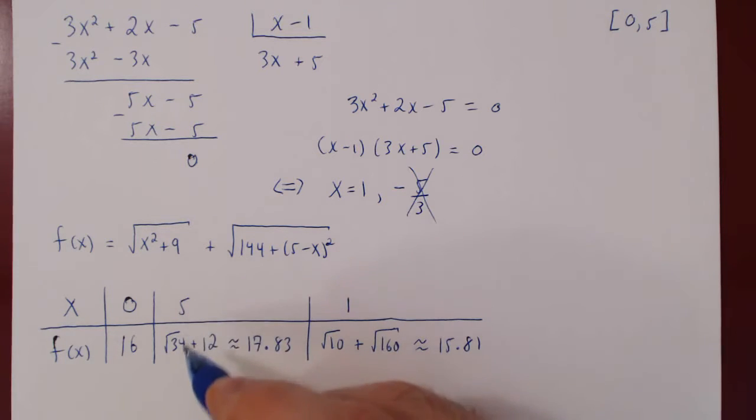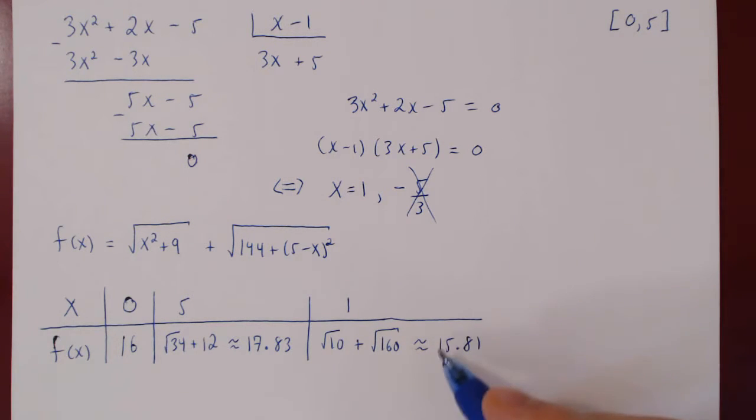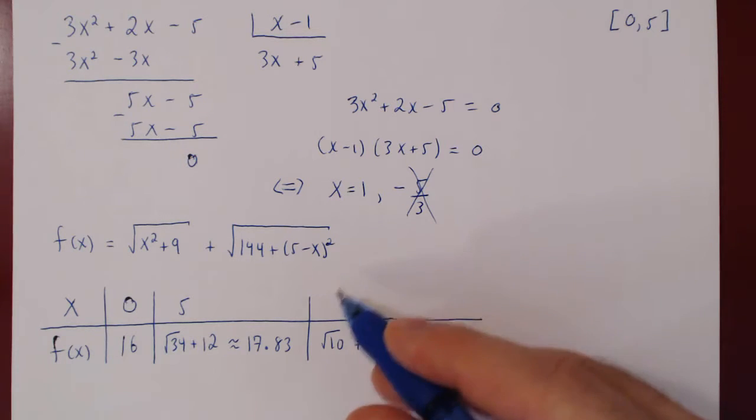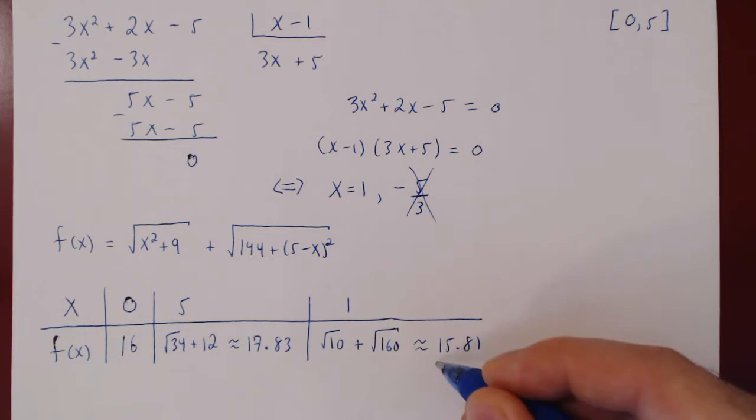So if we take x to be 5, we will end up using the maximum amount of wire, roughly 17.83 meters. But we were trying to stay these two posts using the least amount of wire possible. And so we look for the minimum value, which happens when x equals 1.